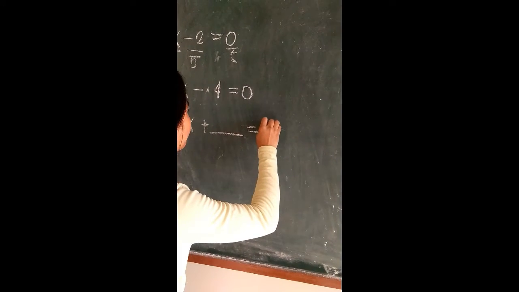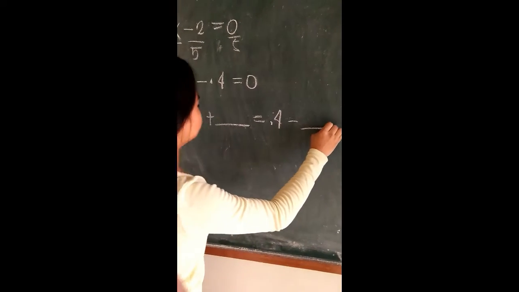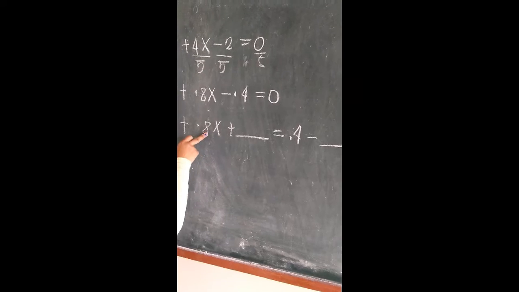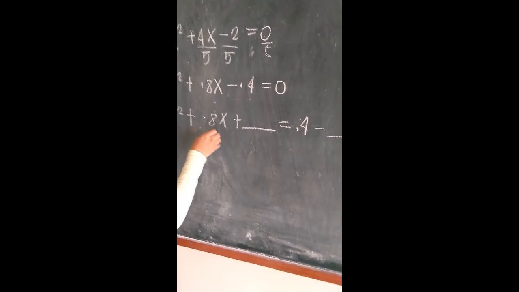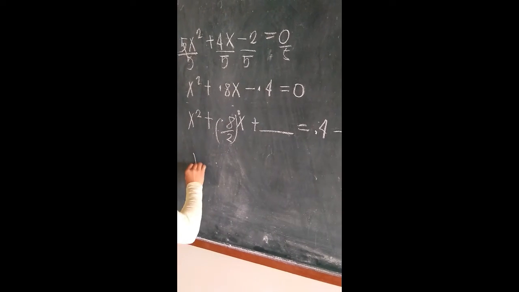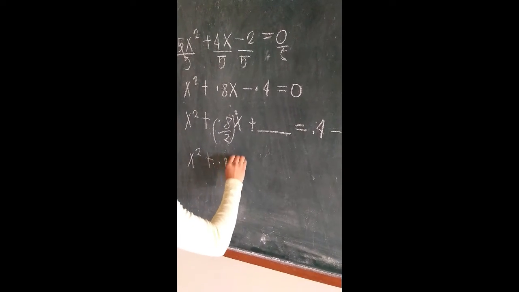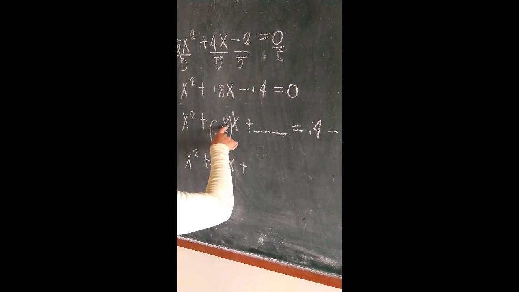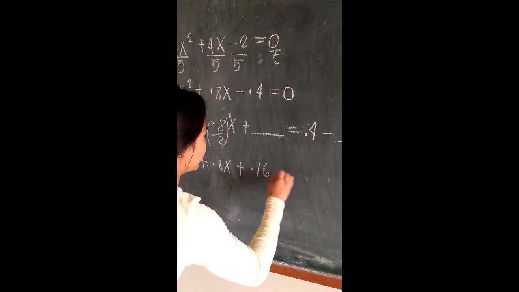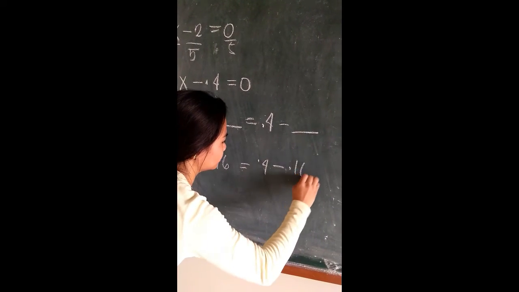0.4 minus the third term. But to get the third term, we must divide our coefficient by 2 and square it. And that is equal to 0.4 minus 0.16.